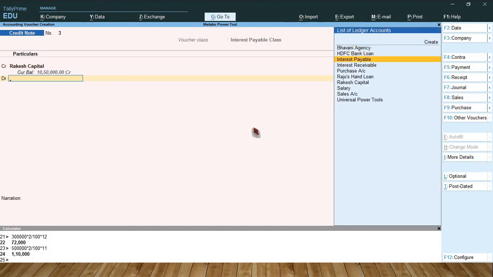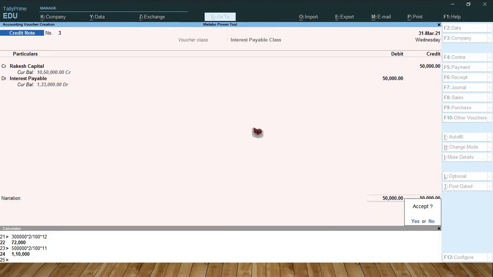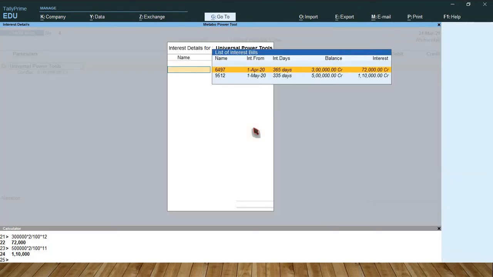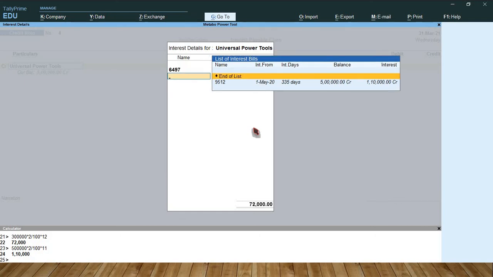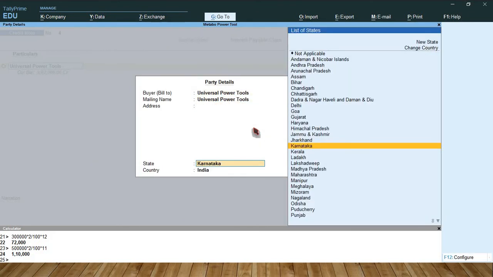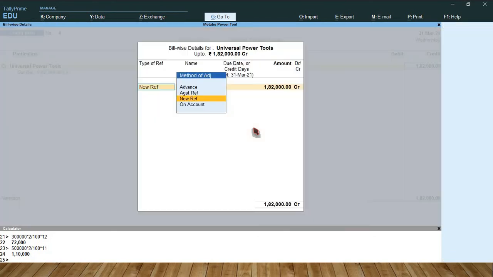Select interest payable. So last one, Universal Power Tools. So here two transactions are there. So total 1,82,000 is the interest amount. Select next one, end of list. So 1,82,000.